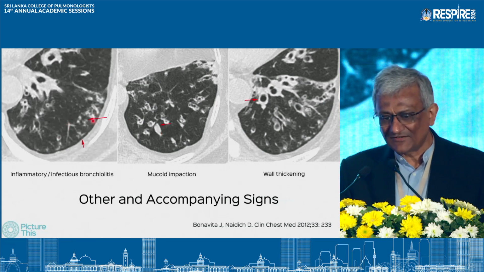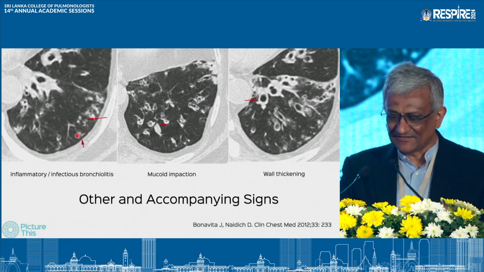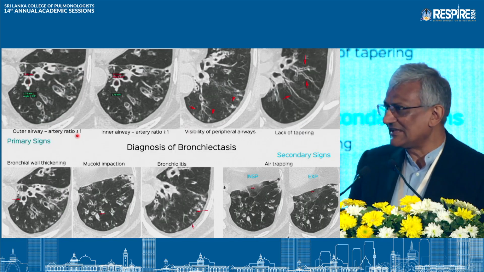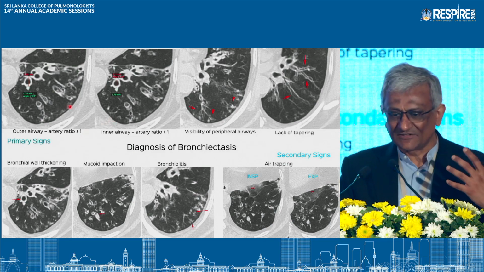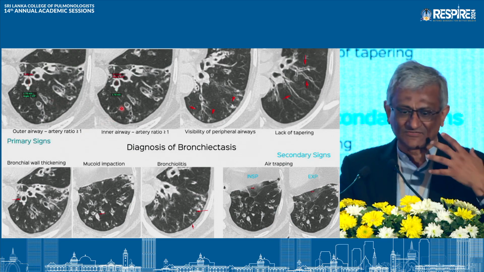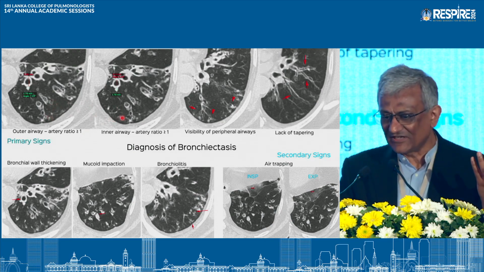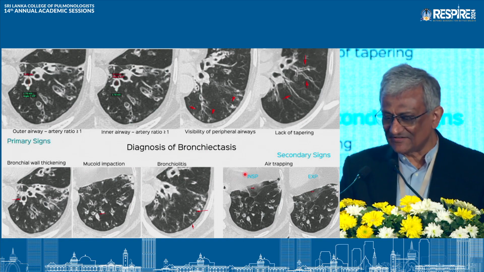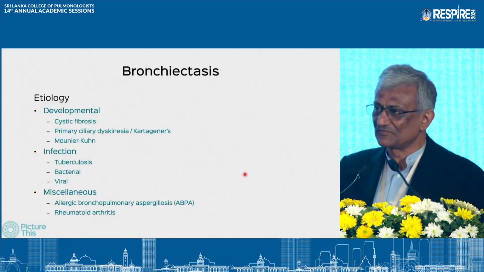And then when we have tree-in-bud distally, that tells us there's accompanying inflammatory or infectious bronchiolitis. And you can put all of this together. You have these primary signs of the airway artery ratio, the visibility of peripheral airways and lack of tapering, and then all of these secondary signs at the bottom.